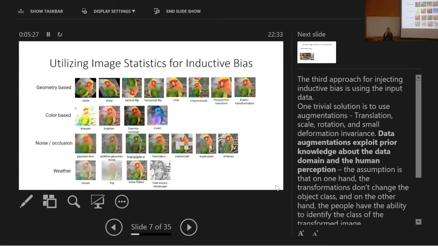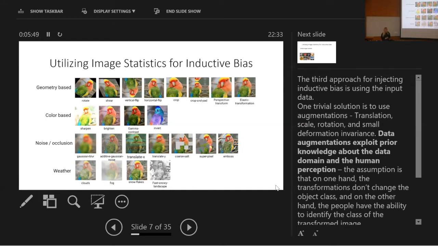The third approach is using the input data. One trivial solution for this is to use augmentation, like translation, scale, resize, rotation, and small deformations. So data augmentations exploit prior knowledge about the data and the human perception.